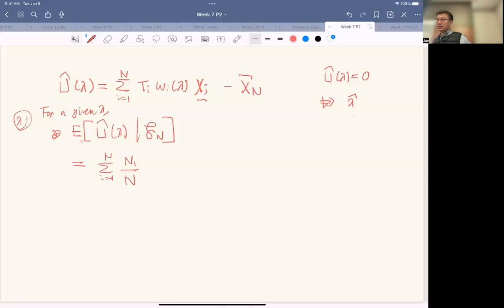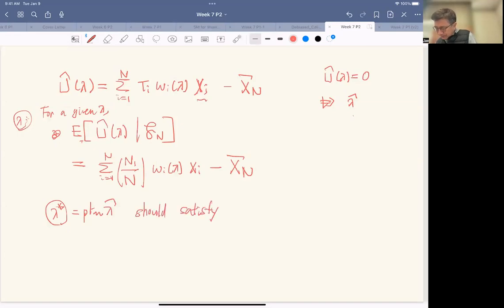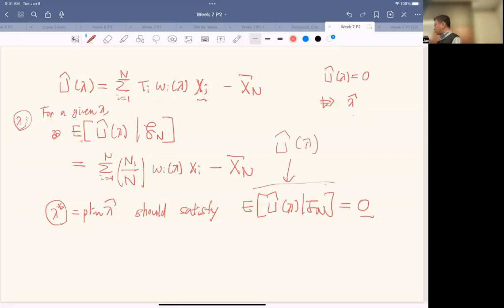So T_i, we are talking about CRE. And so lambda star, the probability limit, should satisfy this, because by continuity, I mean uniform convergence, we know that lambda hat will converge to its expectation.